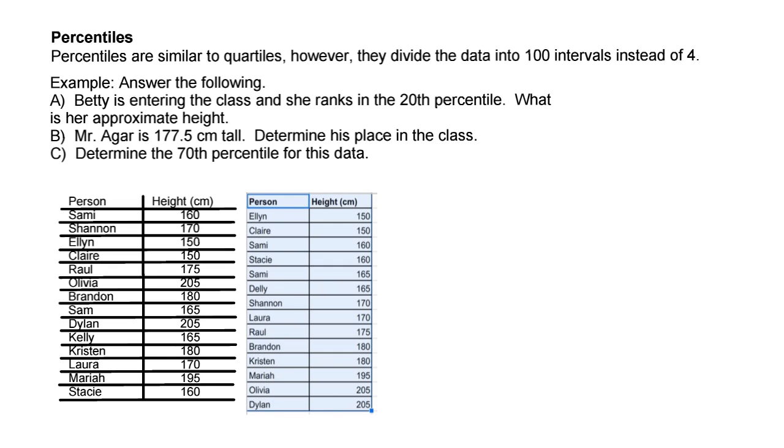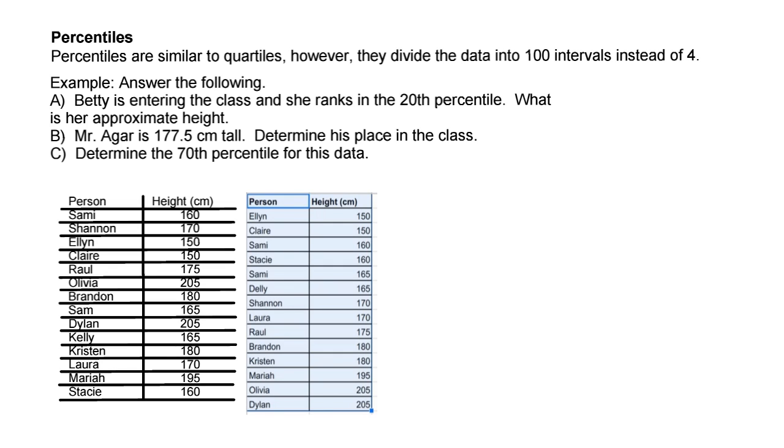So now let's talk about how this works. From the video that we just did, I just copied our organized set of information. We said that percentiles are similar to quartiles. However, this is what you need to understand.